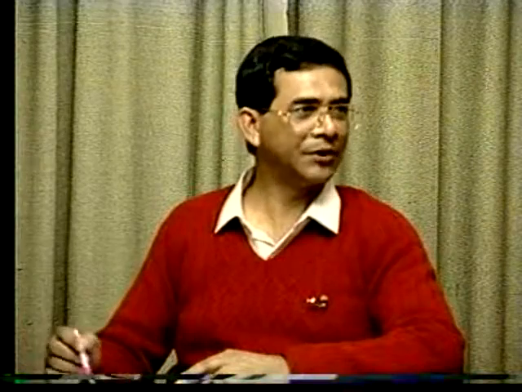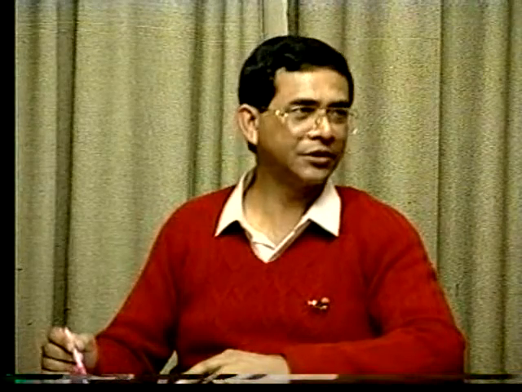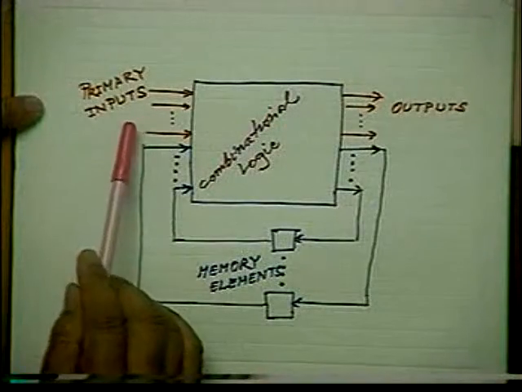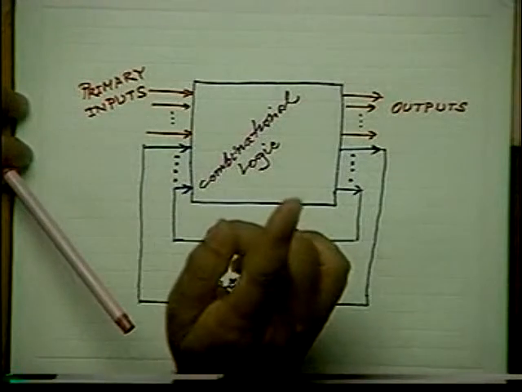Once more, our endeavor will be to analyze as well as synthesize a sequential logic circuit. By that I mean that, given a specification, say for example, that a single output should turn out to be 1 any time the single input has 3 consecutive zeros.